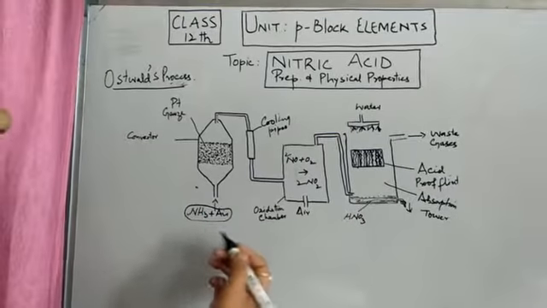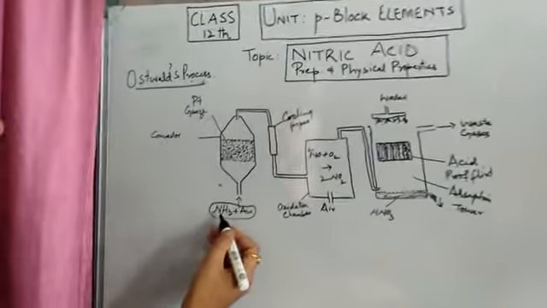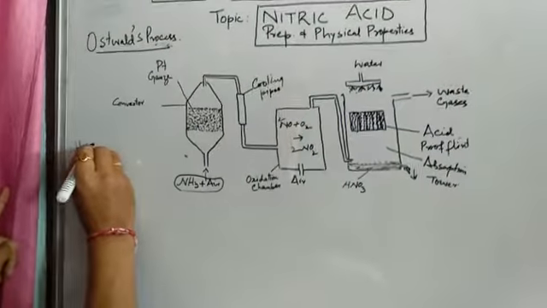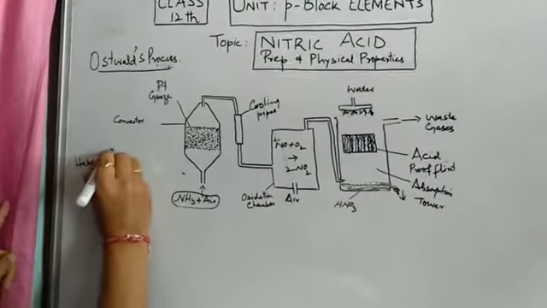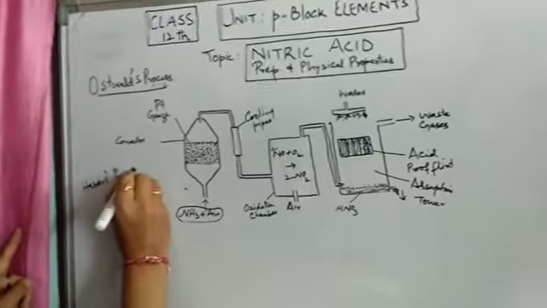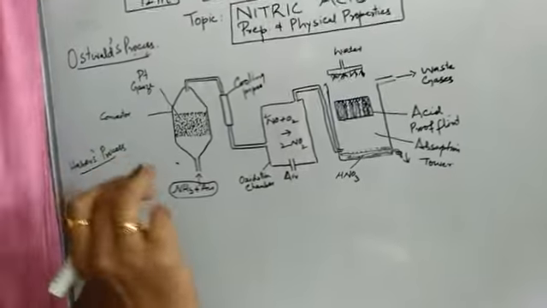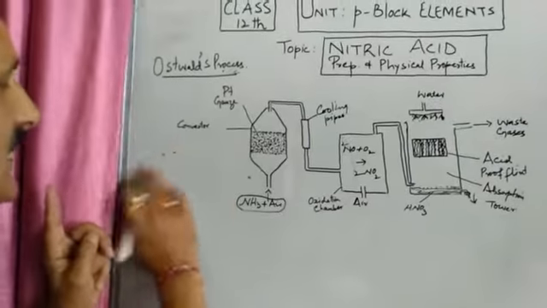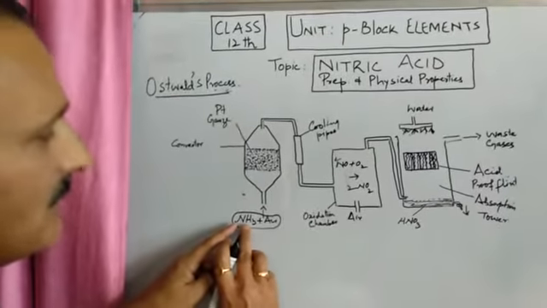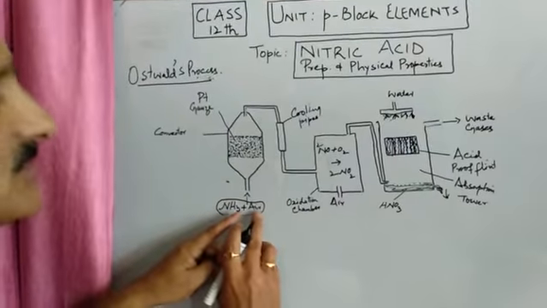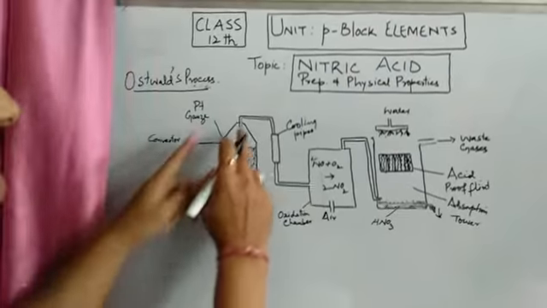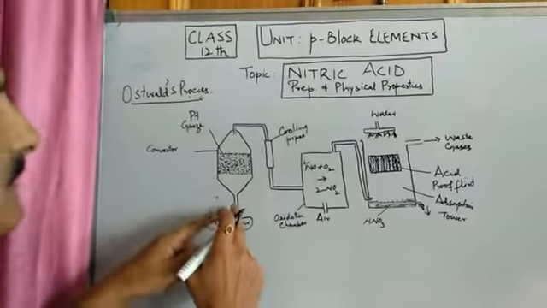Now the question is, where from do we get ammonia? We obtain ammonia from Haber's process. Now here we shall not be doing that. So first we will produce this ammonia by Haber's process, and then the mixture of ammonia and air, that is oxygen, will be introduced through this outlet into this chamber, which is made up of steel.